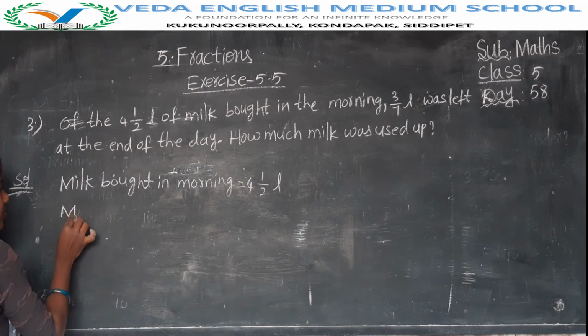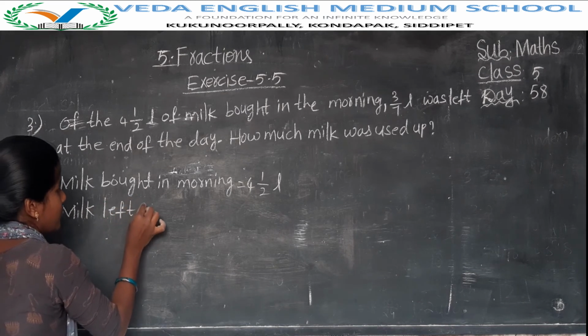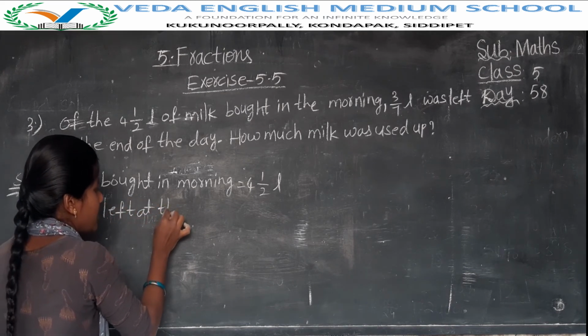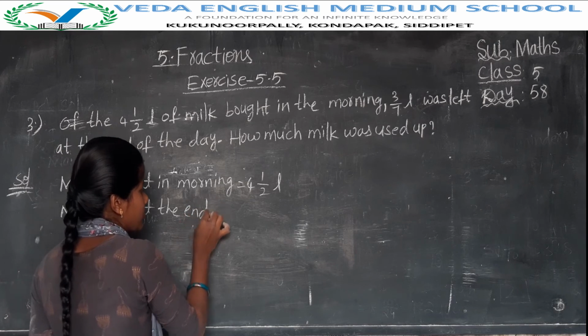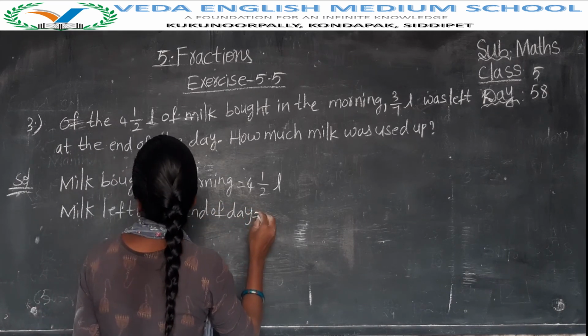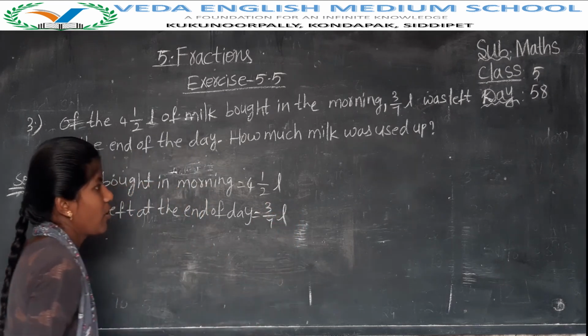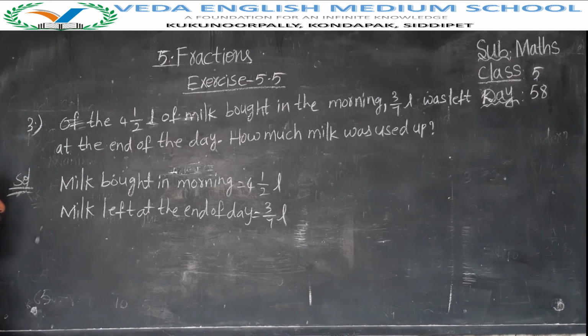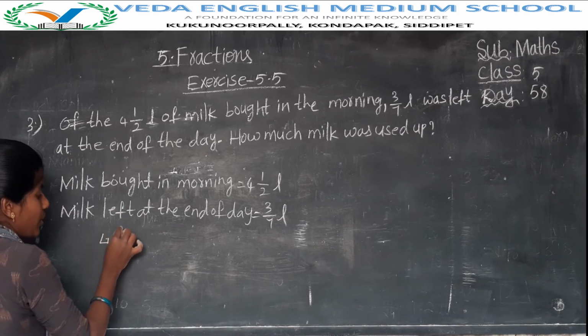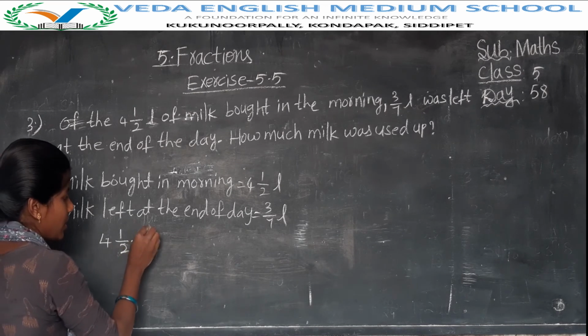Milk left at the end of the day is equal to 3 by 7 liters. Then, how much milk was used up means you have to subtract 4 into 1 by 2 minus 3 by 7.